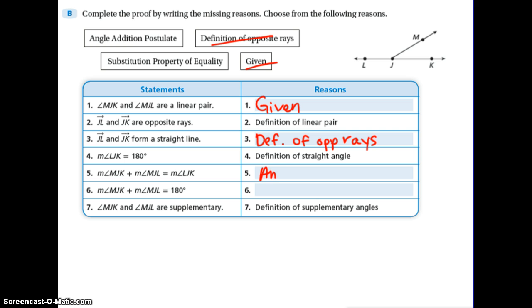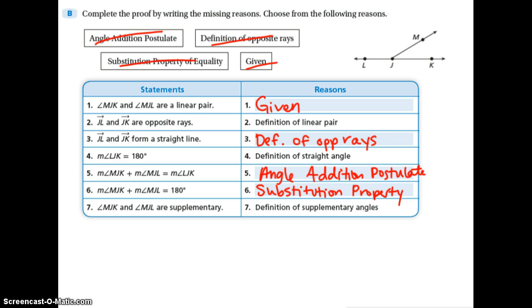That's your angle addition postulate. And then last but not least, by the substitution property, we see that they add to 180 degrees. And the definition of supplementary angles is that they add to 180 degrees.